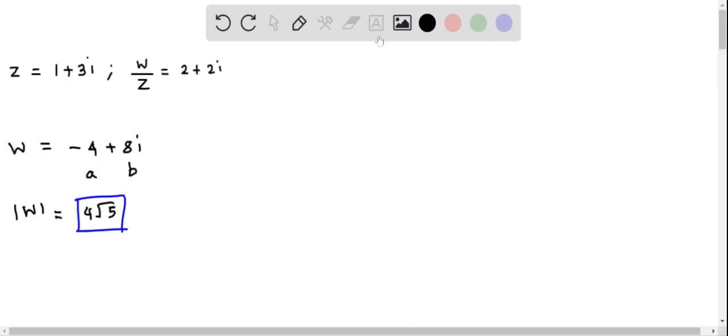So let's now find the argument of w. For this, we have to use the reference angle formula. So first we'll find the reference angle using this. That is theta reference equals tan inverse of b over a.